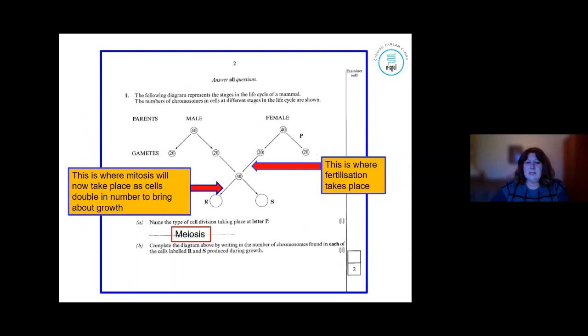So we're doubling cell number, but we're keeping the chromosome number the same. So there are a couple of telltale signs on this question about meiosis and mitosis. But the first thing is to grasp that because the chromosome number was halved, the P in fact is meiosis, as I was saying.